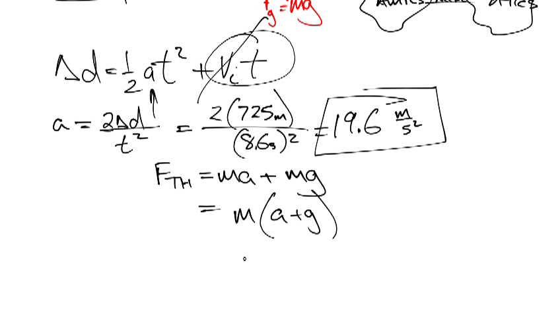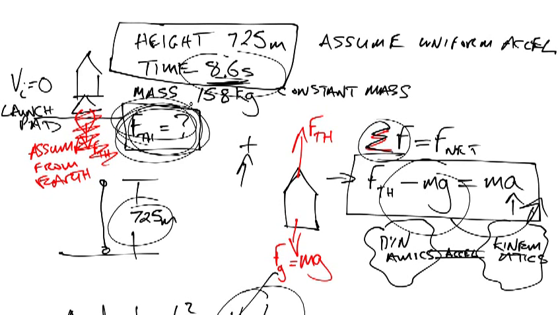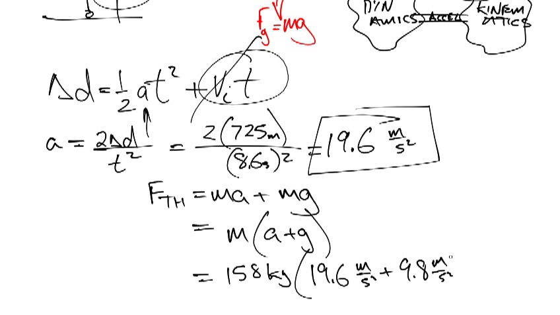Everything's solved already. I have a, and I have m. m was given to me in the problem, 158 kilos. So I'm just going to go 158 kilograms multiplied by the acceleration of 19.6 meters per second squared plus 9.8 meters per second squared for gravity.